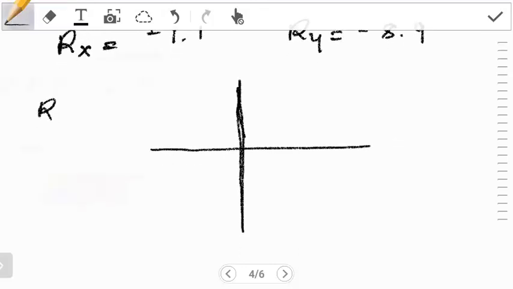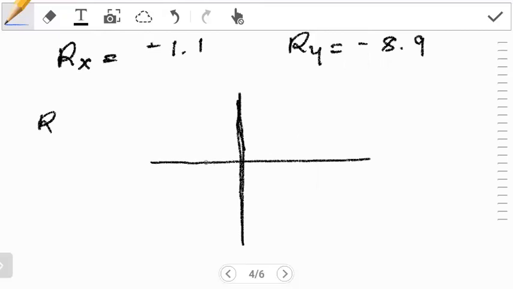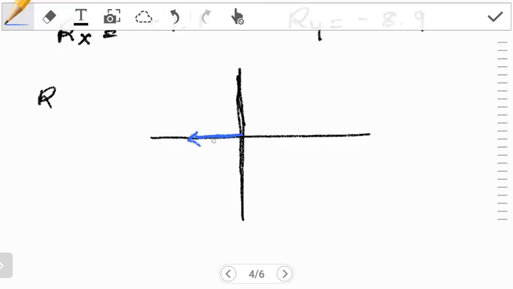The components that we've been given, again, these are steps. Just like we have to move -1.1 to the left. After that, we have to move negative. Sorry, I went to the left.